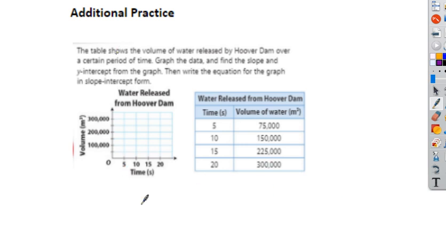So we have 5 and 75,000. And we have 10, 150,000, and 15, 225,000, and 23,000.